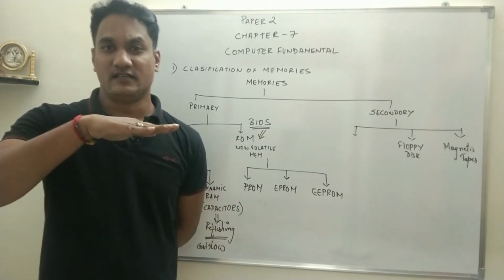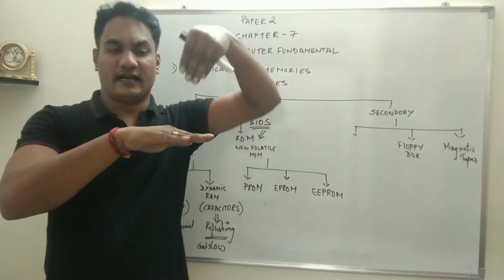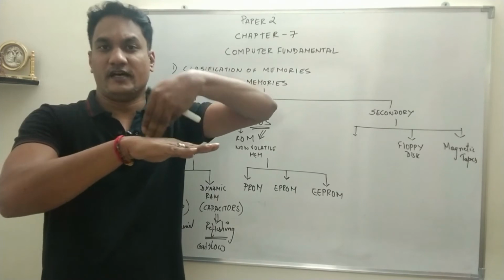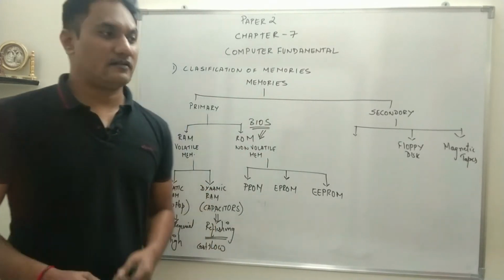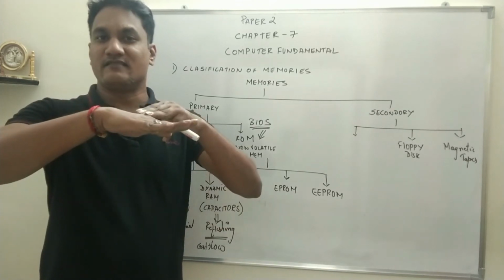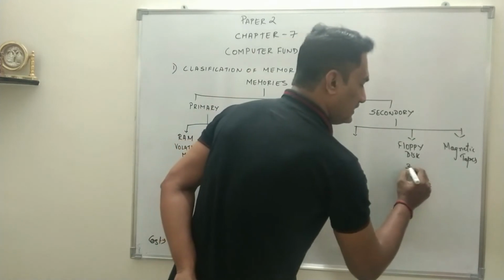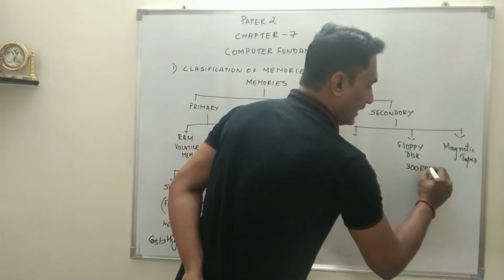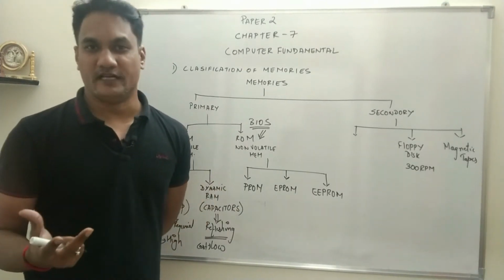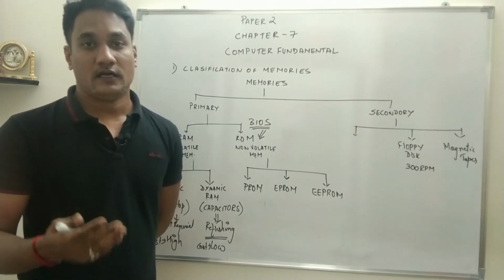And whenever you put the disk in the disk drive, a head will be in constant touch with the film and it will retrieve the data from the floppy. But as the layer is very thin, the rotation rate was around 300 rpm, rotation per minute, and it's a very slow speed, so data storing and data retrieving will be very slow.